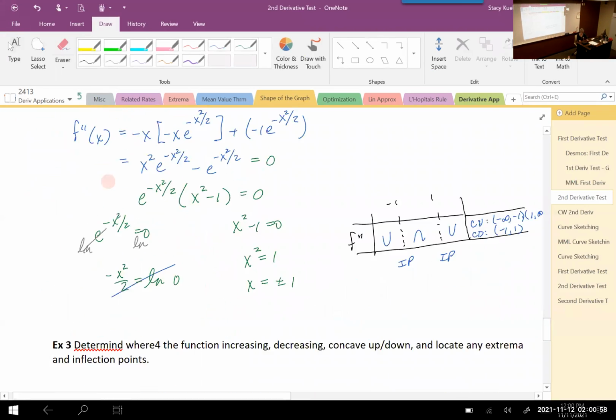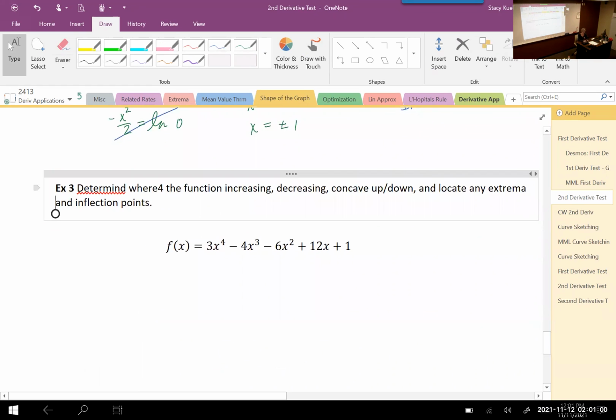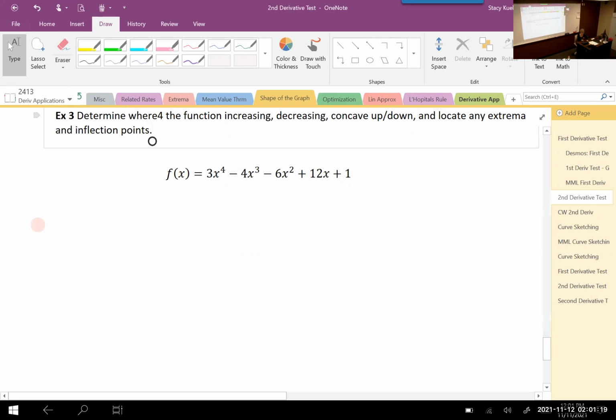Okay. So determine where the function is increasing, decreasing, concave up or concave down. Find local extrema, find the inflection points, do it all, okay? Summarize, in other words, what we've been doing for 2 days.